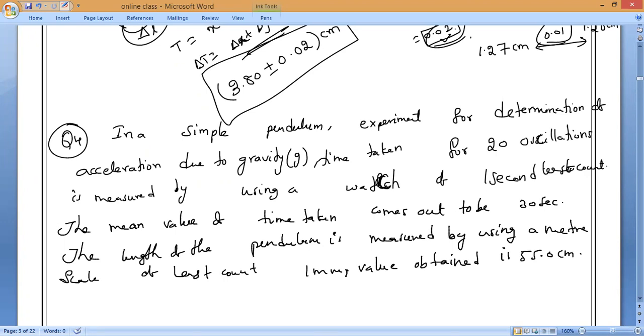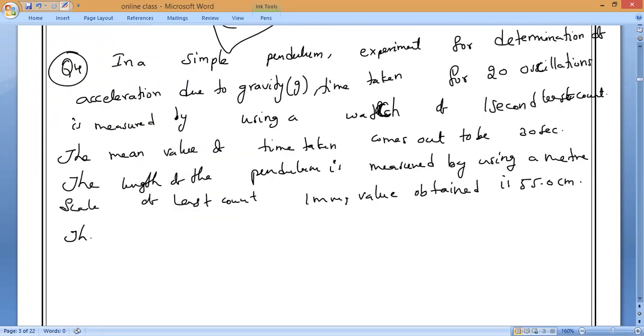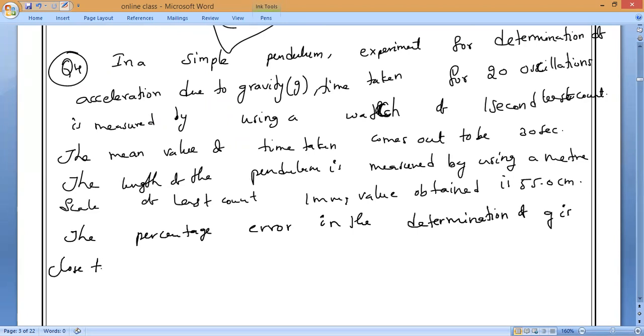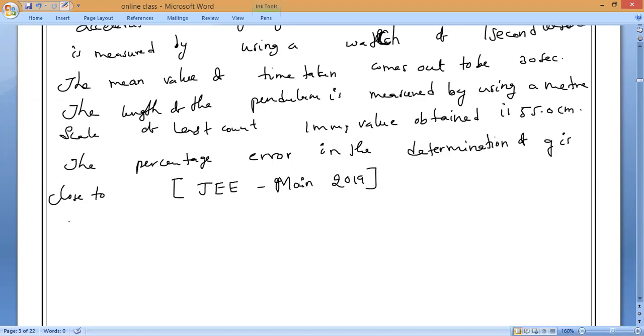Please respond. The percentage error in the determination of g is close to. This question was asked in JEE Mains 2019. Options: A, 0.7%, option B, 6.8%.